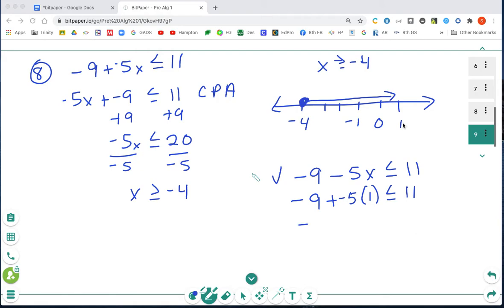So negative 9 plus negative 5 is less than or equal to 11. Negative 14 is less than or equal to 11. So the number that I checked was 1. And I put it into the equation to see if it worked, and it did. So I have 2 ways of checking.